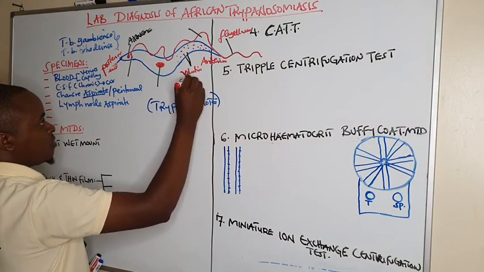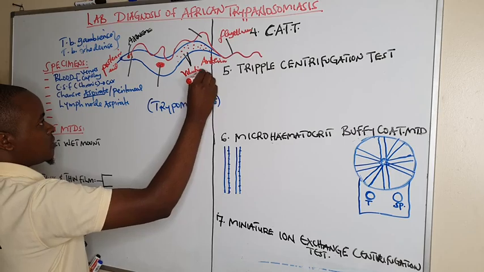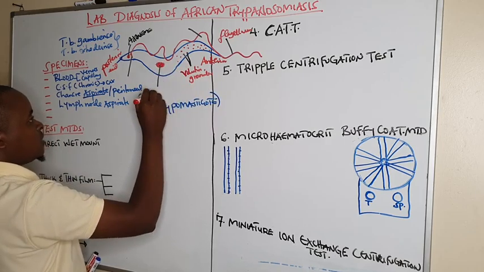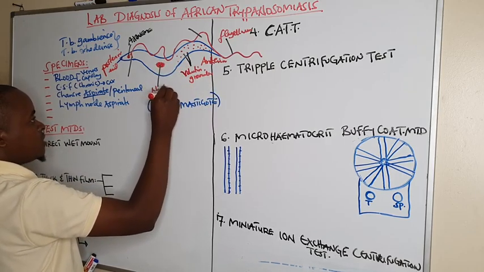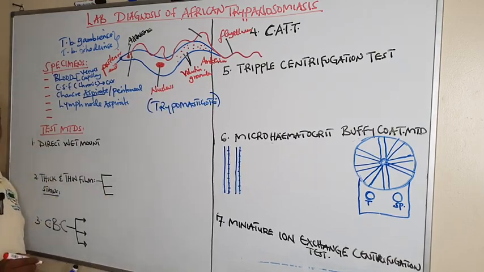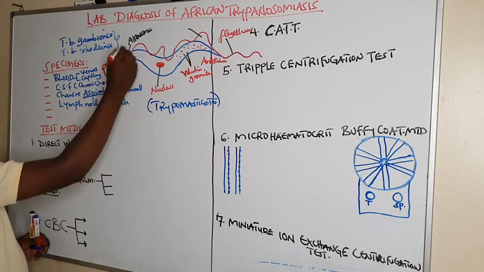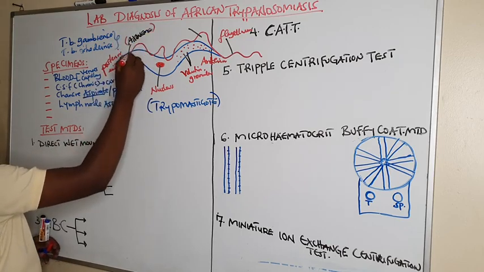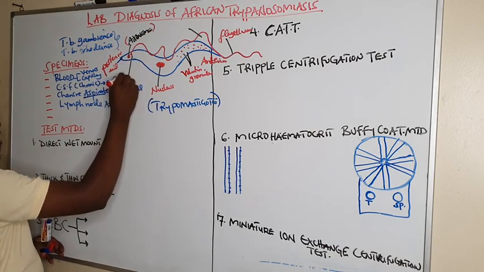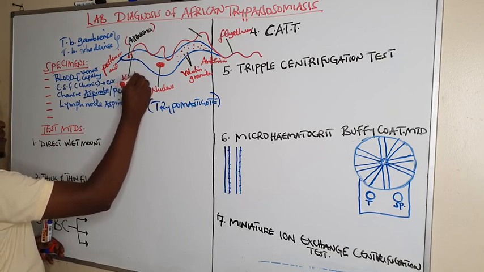Then it has what we call volutin granules. It has the nucleus, which is at the center. Then it has the axoneme, and the axoneme is with the kinetoplast.